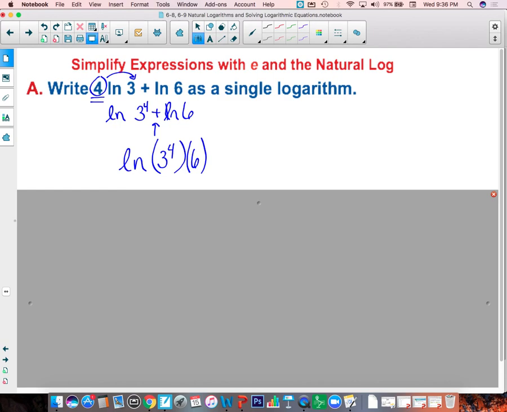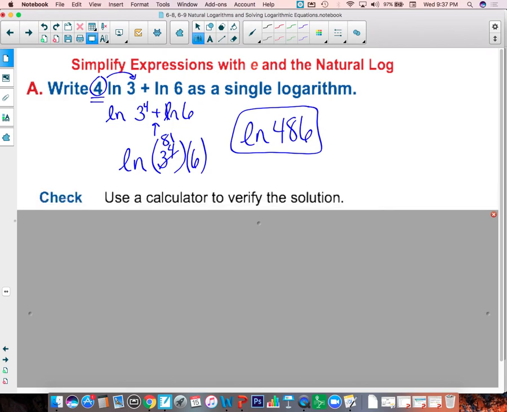That's going to be a bigger number, because 3 to the 4th is 81. That's 3 times 3, which is 9, times 3 is 27, times 3 is 81. Now 81 times 6. 80 times 6 is 240. No, it's 480, so it's 486. So it's natural log of 486 if I multiply that out. I'm going to double check 81 times 6, that gives me 486. Yes. Okay, so that's my single logarithm.